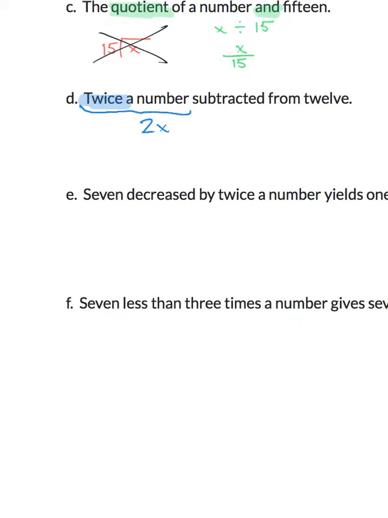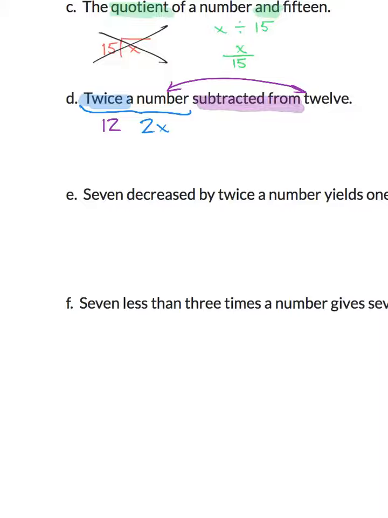That's this whole piece right here. Now, subtracted from is a reverse order phrase. So what I want to do is I want 2x subtracted from 12. That means that my 12 is actually going to go in front, and then we get minus 2x. So our final answer will be 12 minus 2x.